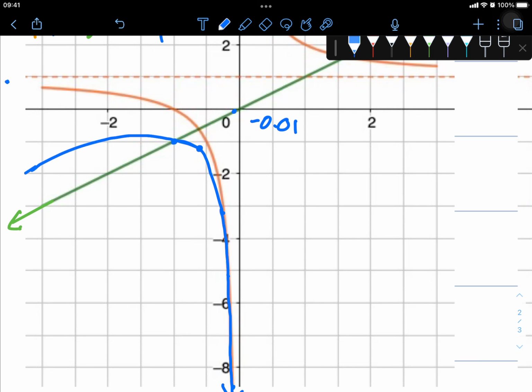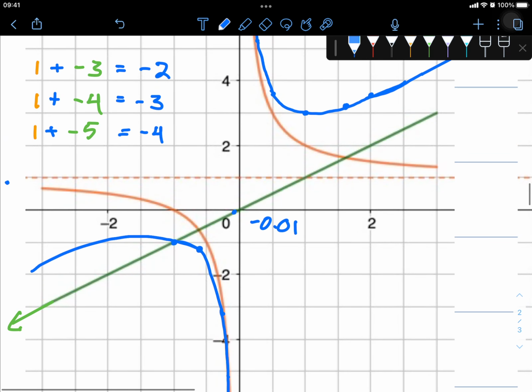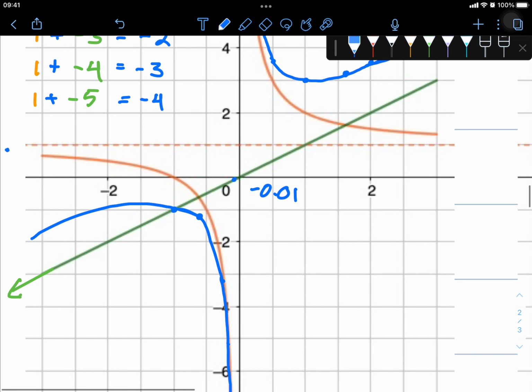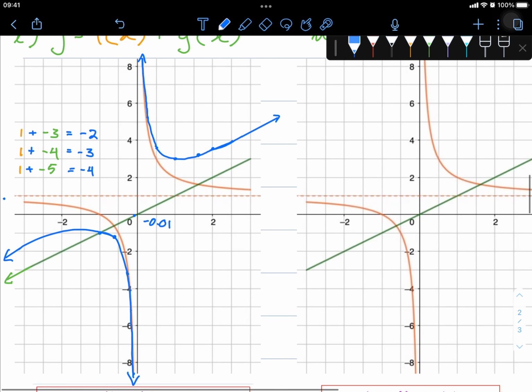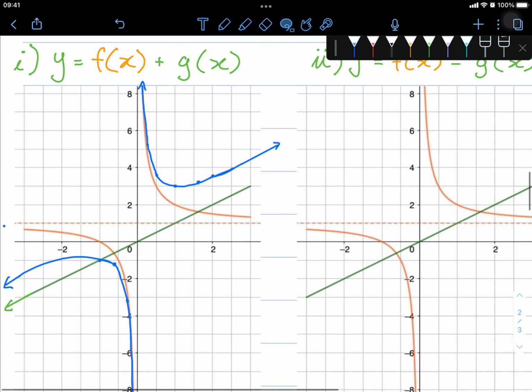And then at some point, since f is approaching 1, and it's going to be 1 plus some negative linear function, it should look like a linear function as we move to the left like so. So that there is the sum of the two functions f of x and g of x.